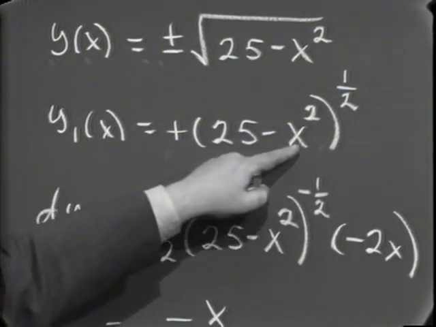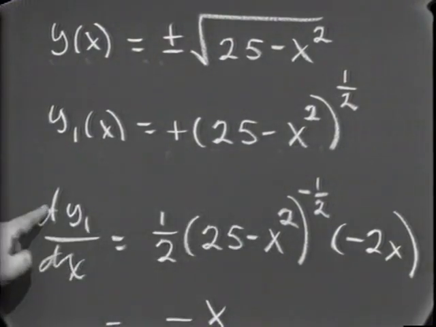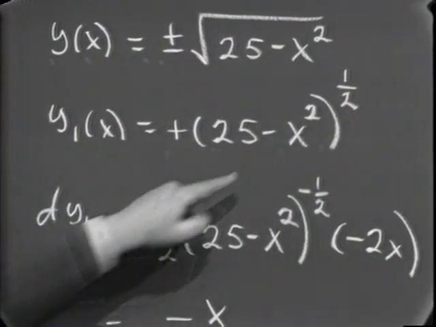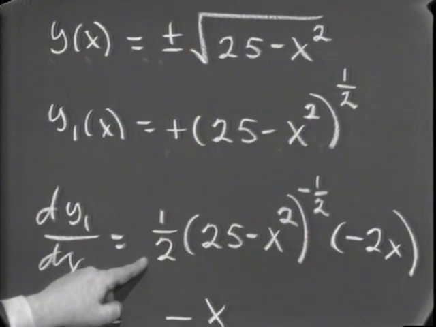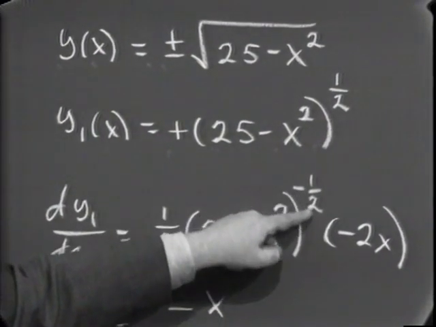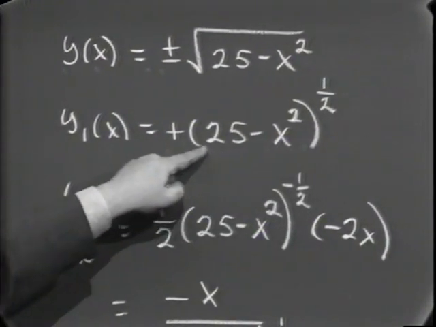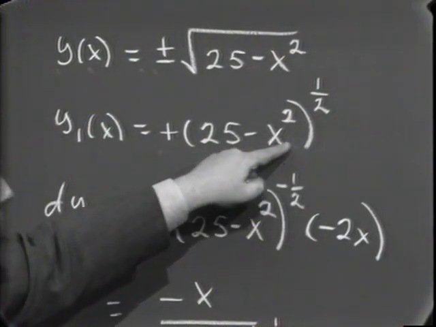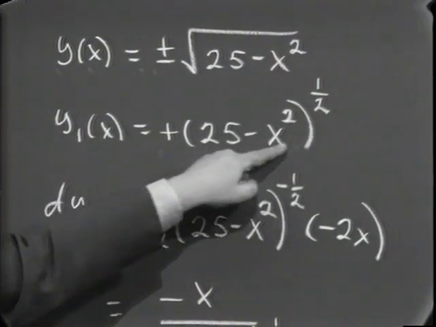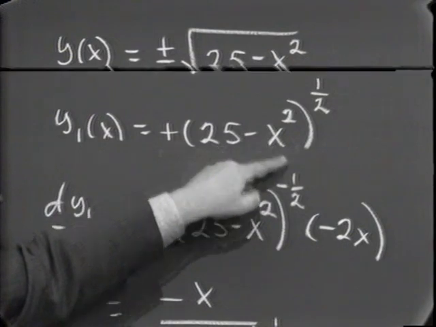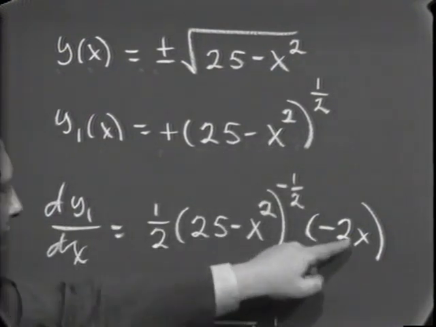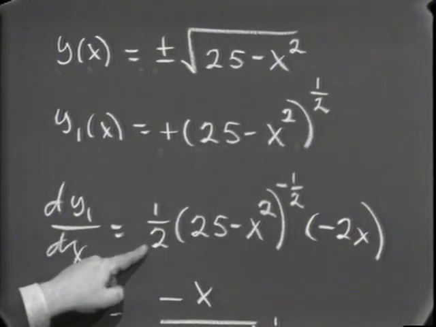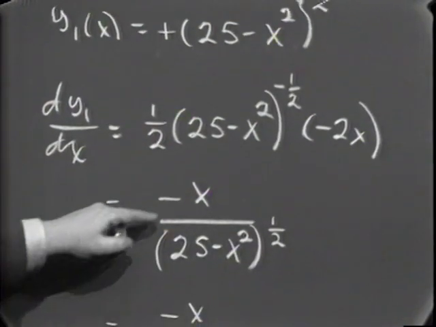Let's actually differentiate this thing explicitly and see what the derivative turns out to be. If we differentiate this, we bring the 1/2 down, we replace it with an exponent 1 less, and by the chain rule, we must multiply by the derivative of what's inside here, 25 minus x squared, with respect to x. That's minus 2x. Collecting terms and simplifying, we get what?